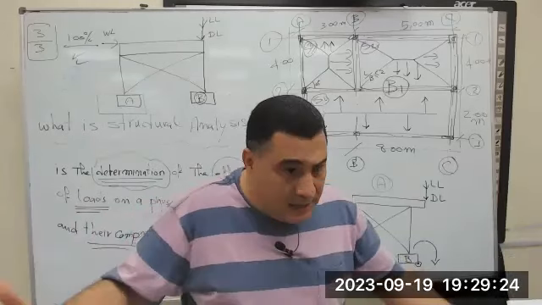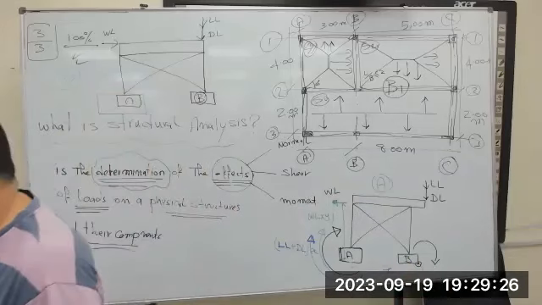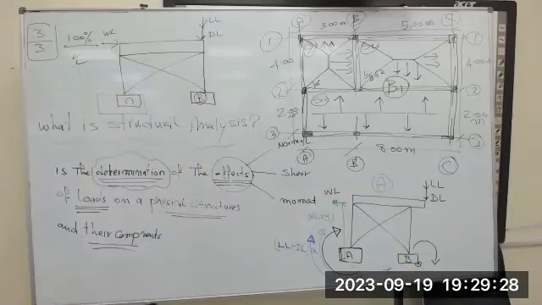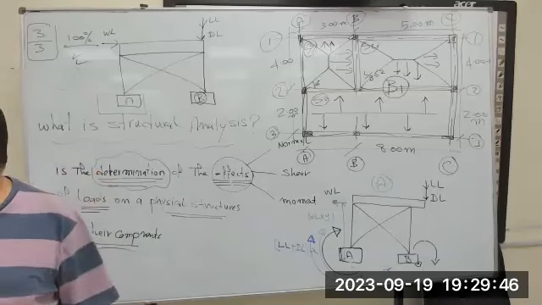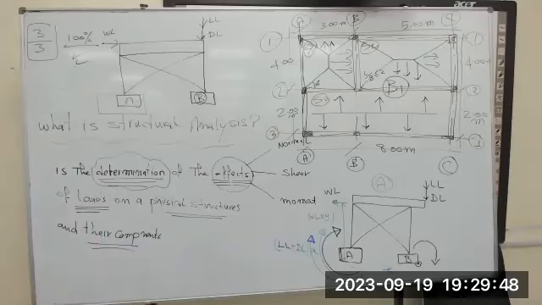This is a physical structure, correct? For each structure system, we have methods. Simply supported, truss, frames. Okay, now what is the determination? Determination is the method by which we get all the internal forces values. Then we get stress.